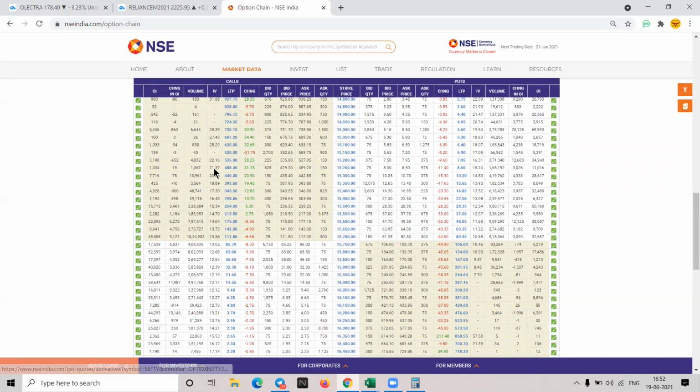And if you just look at the last traded price of these, they are higher than the below ones. Yes or no? The last traded price of in the money options is greater than out of the money, which is the strike price above it. Can you spot the difference?